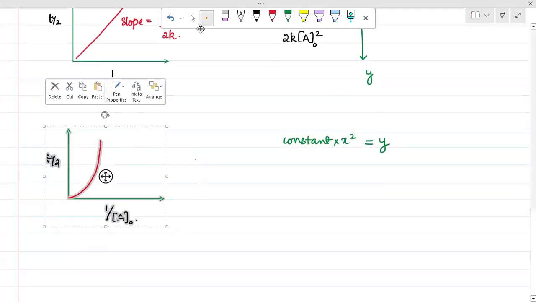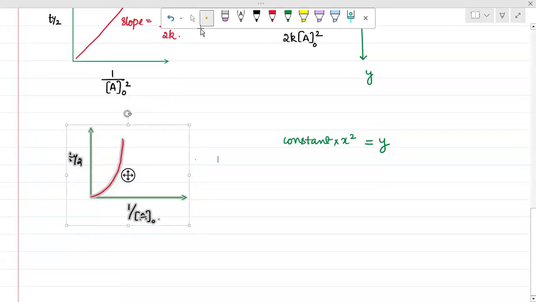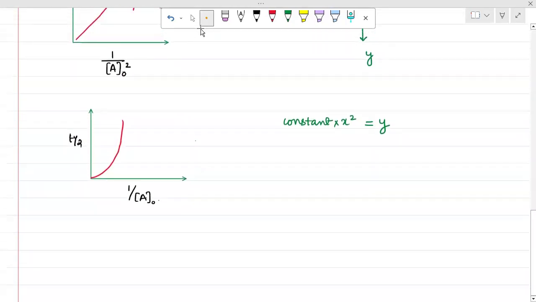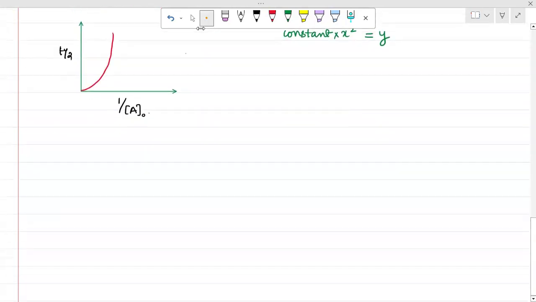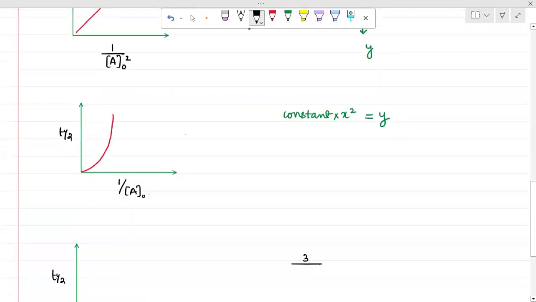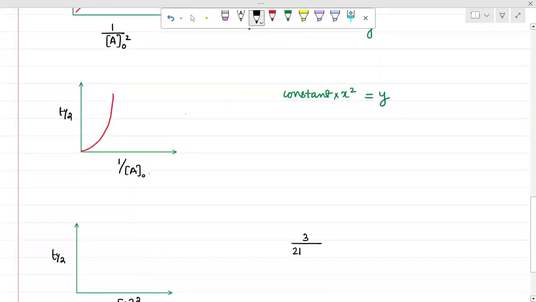One more variation. It's going to be very easy if you are thorough with the graphs, okay? Let's say you have T half versus A naught square. So what was our equation? It was 3 by 2k.